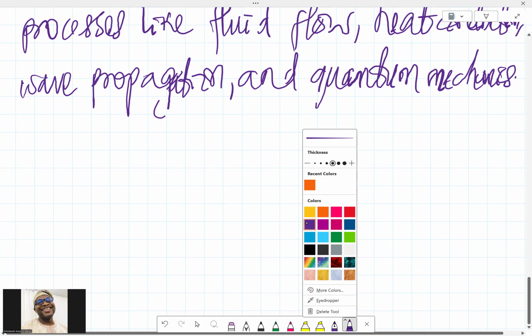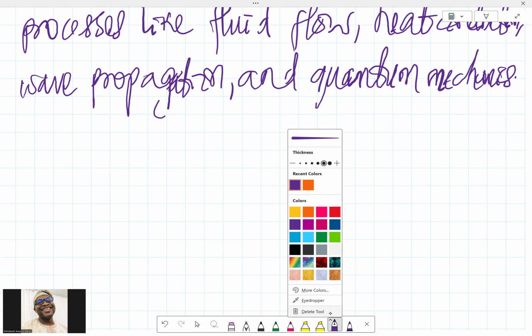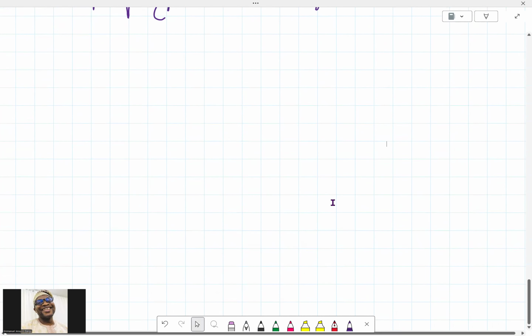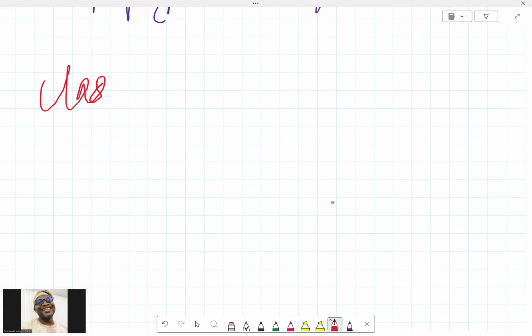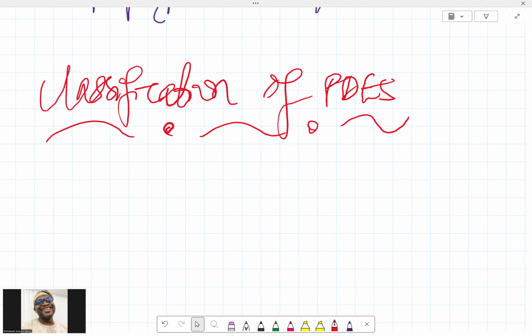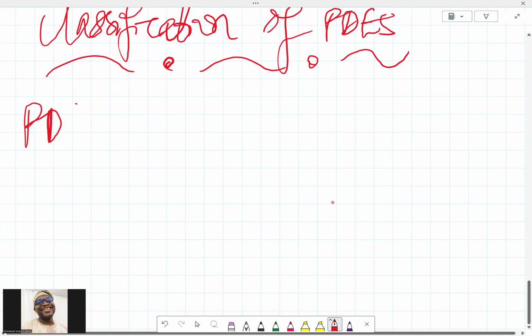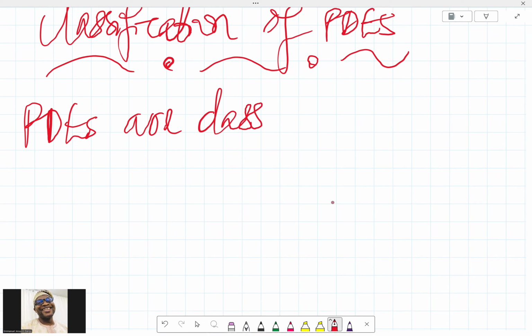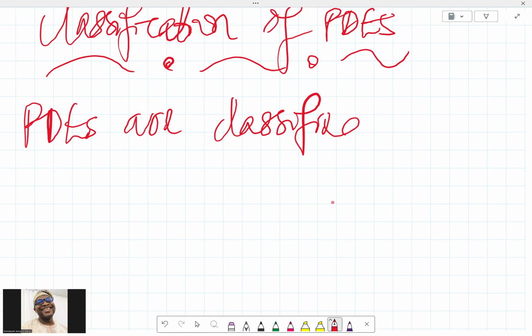Okay, switching over, now let's talk about classification of PDEs. So how do we classify PDEs? PDEs are classified in several ways.